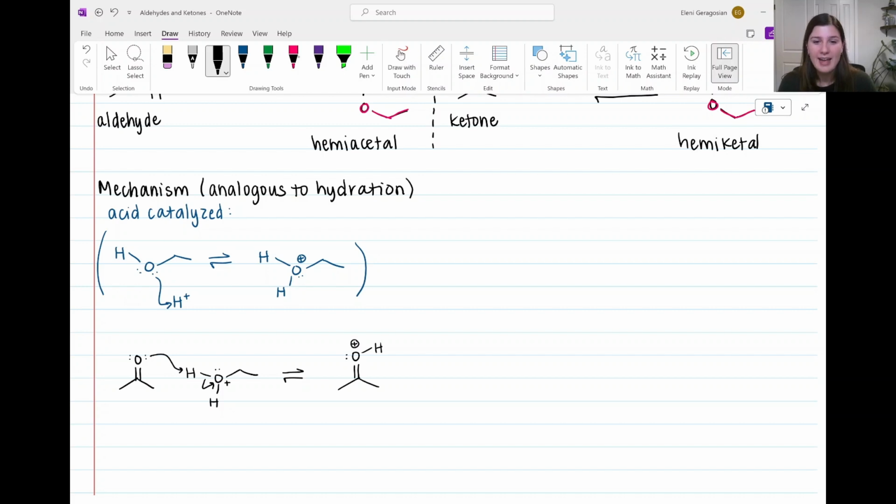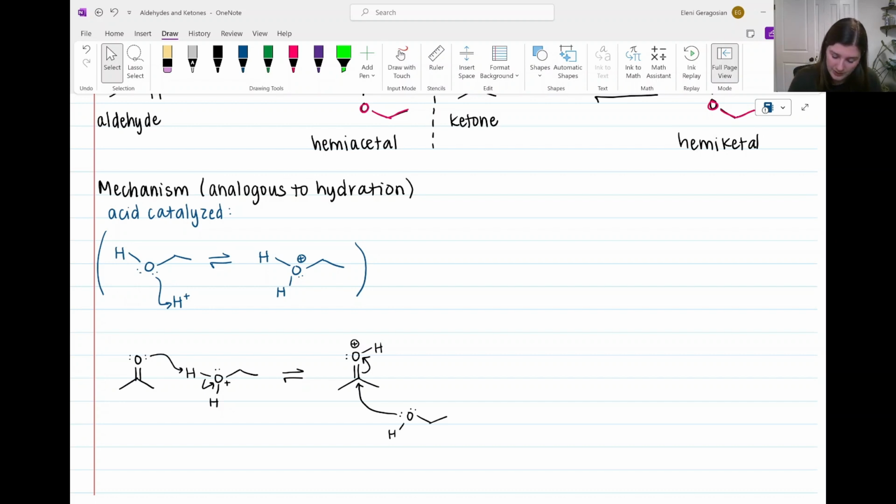If we're adding a nucleophile to that carbonyl carbon, we have protonated solvent and neutral solvent present in solution. The neutral solvent is a better nucleophile, because those electrons are much more available. So the neutral version of the solvent will act as a nucleophile, bond to the carbonyl carbon, and electrons from that pi bond will be owned by oxygen.